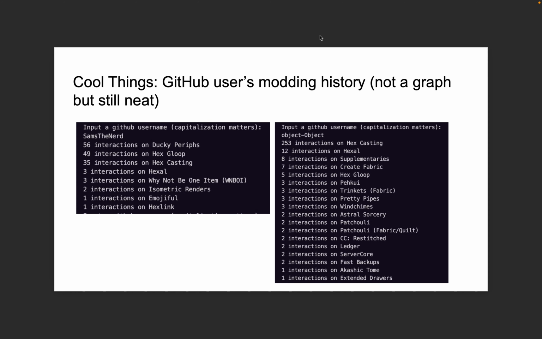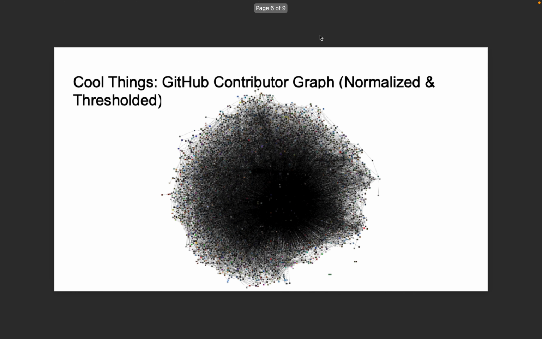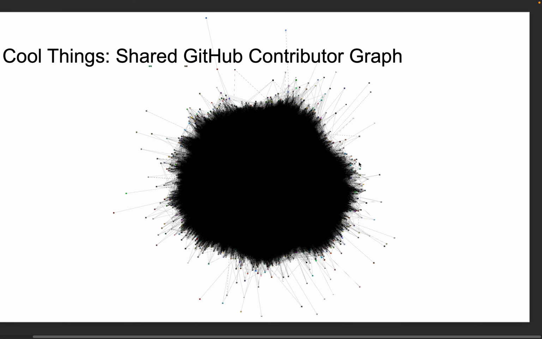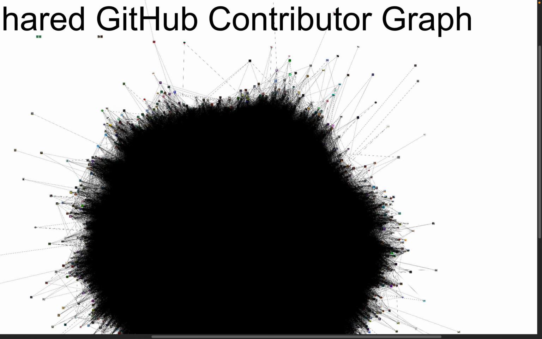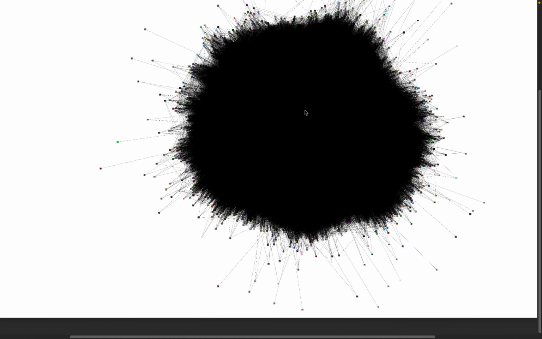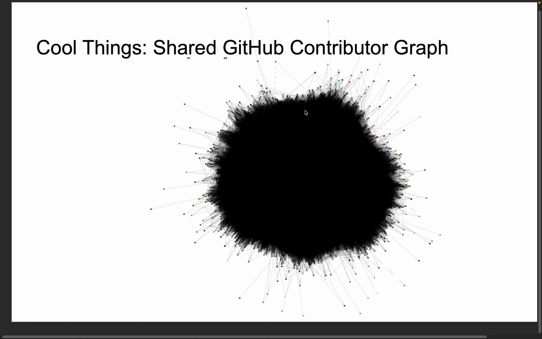But one of the coolest things, I think, is just how connected everything is. In this full graph, I don't think any nodes are disconnected. So that means that for every single mod that got scraped here, if somebody posted an issue or interacted with that repository at all, or was involved in its development, they were involved with at least one other mod's development, such that you can chain them all into one big graph.